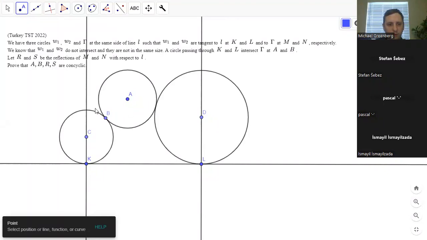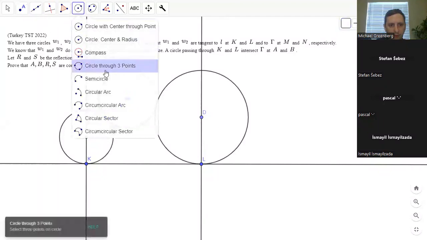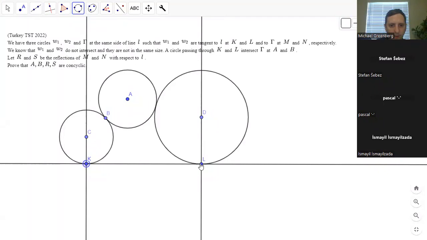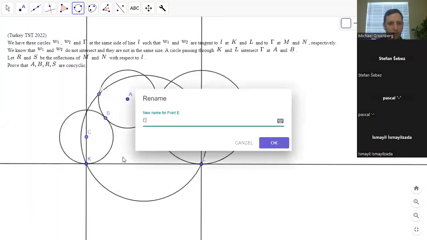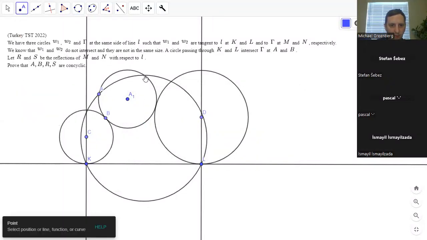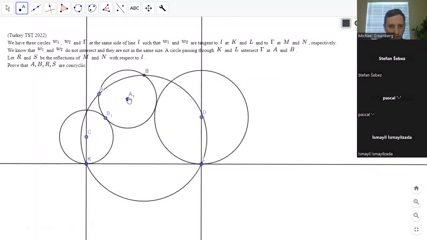So yeah, if I just try to guess the figure right now, these two circles don't intersect and they're not the same size. We have a circle passing through K and L, and it intersects this circle at A and B. So let's call this A and this B. We already had A and B, so those are going to be renamed.